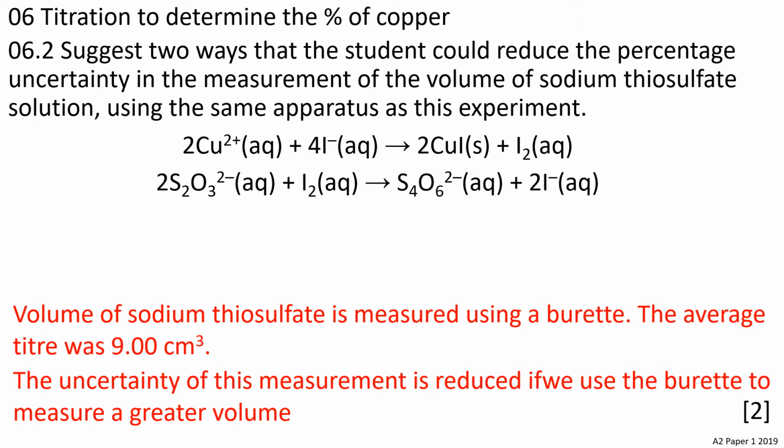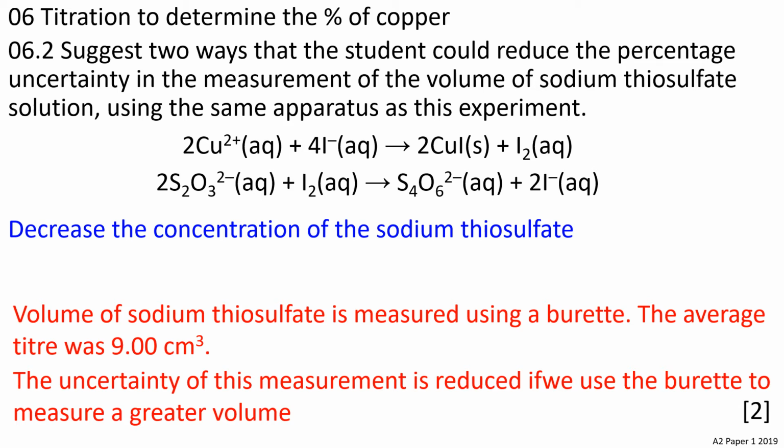So how can we increase the volume? Two ways. The first way is to use a lower concentration of the sodium thiosulfate, so decrease the concentration. Also, the sodium thiosulfate will react with more iodine if there's more iodine present, and because the iodine is formed from the excess iodide reacting with copper 2+ ions, if we put more copper 2+ ions in the conical flask in the first place, that will also increase the titre.